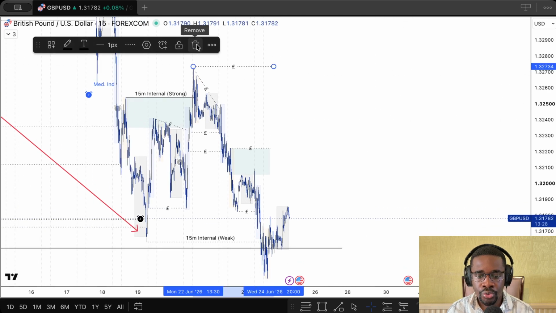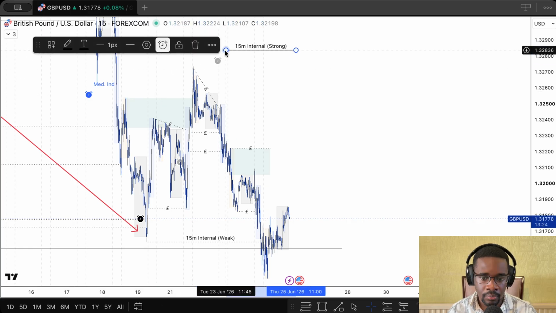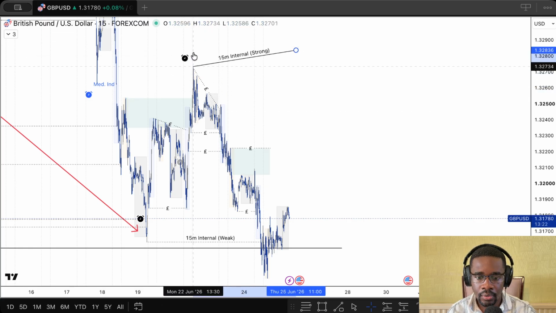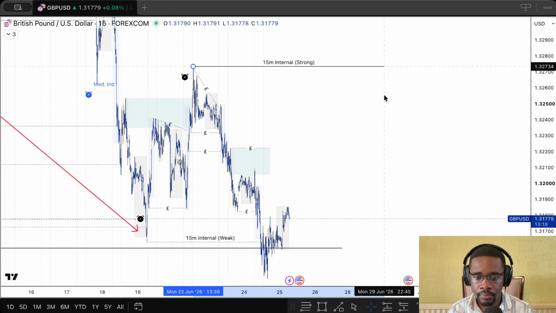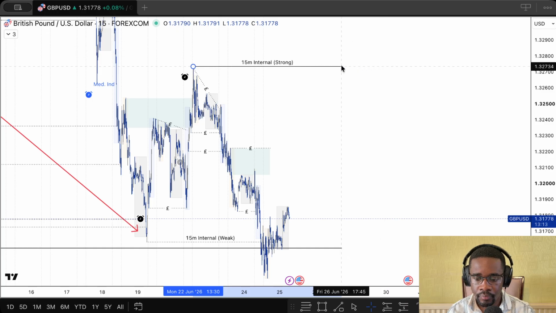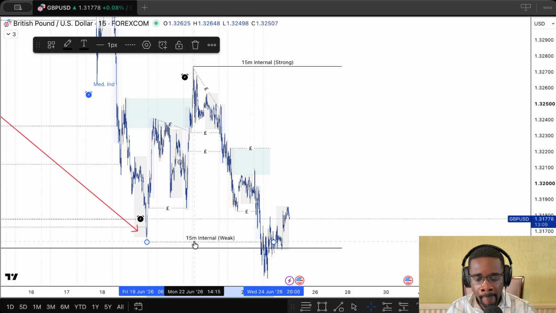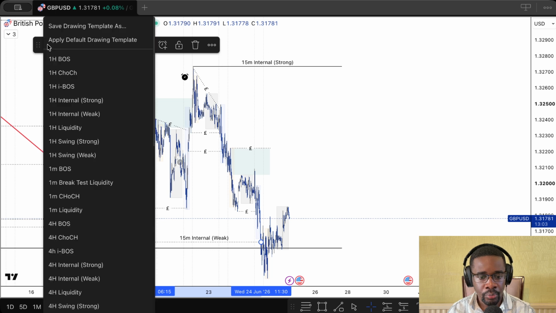So I'm going to move that, and then I'm going to have that. And that's my internal strong. And then this is the internal weak, which has led to that internal break of structure.